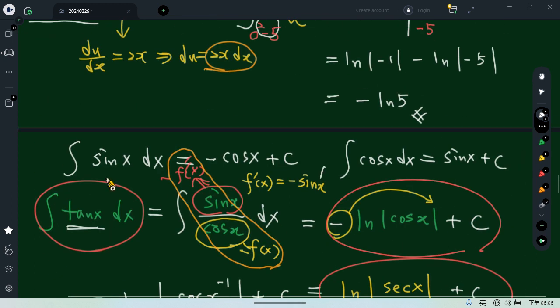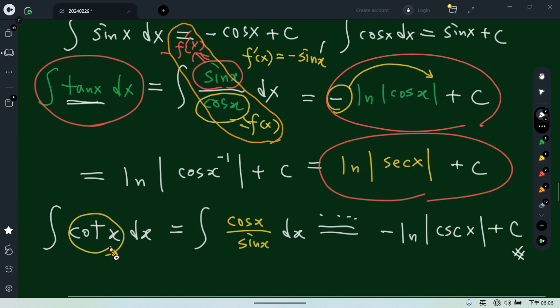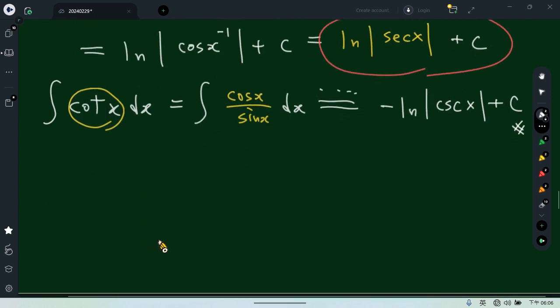So right now we already have sine, cosine, tangent, cotangent. How about secant? Actually, secant is sometimes quite hard to imagine. Okay, I will show you.